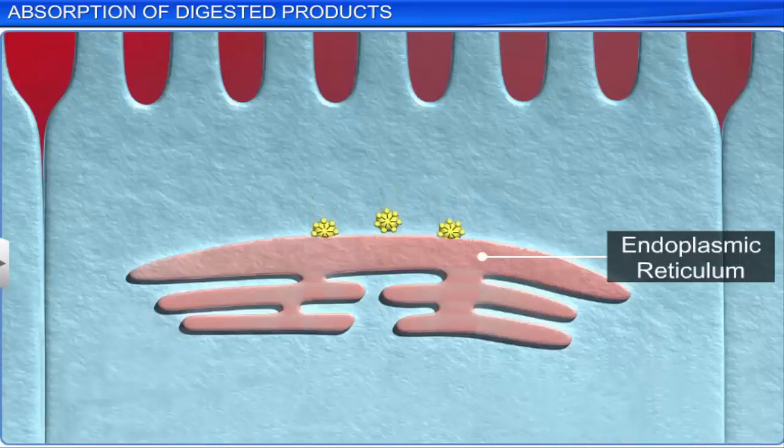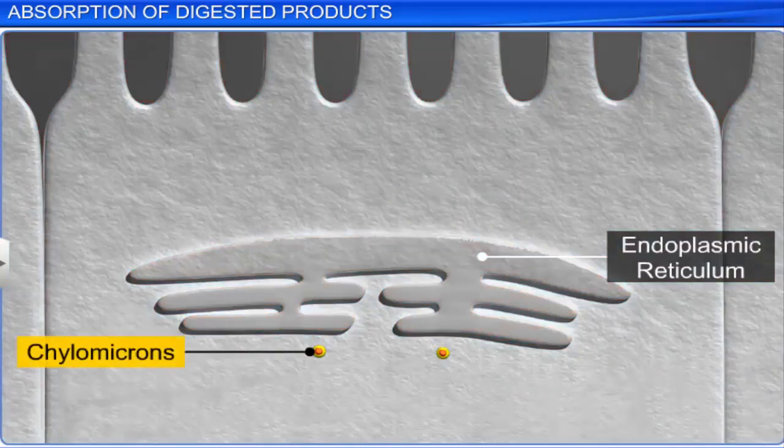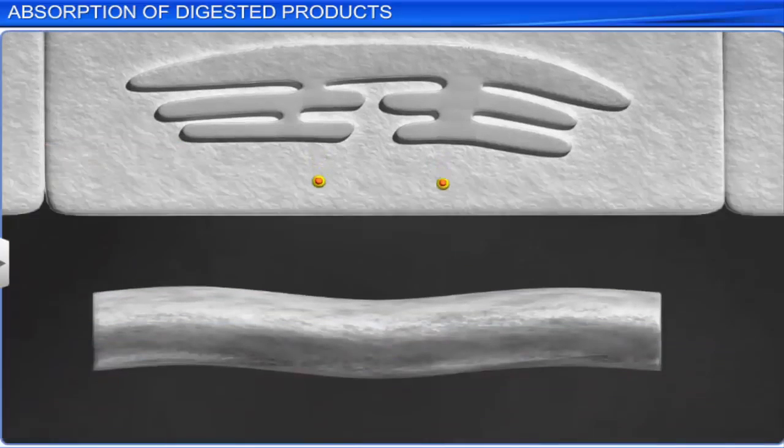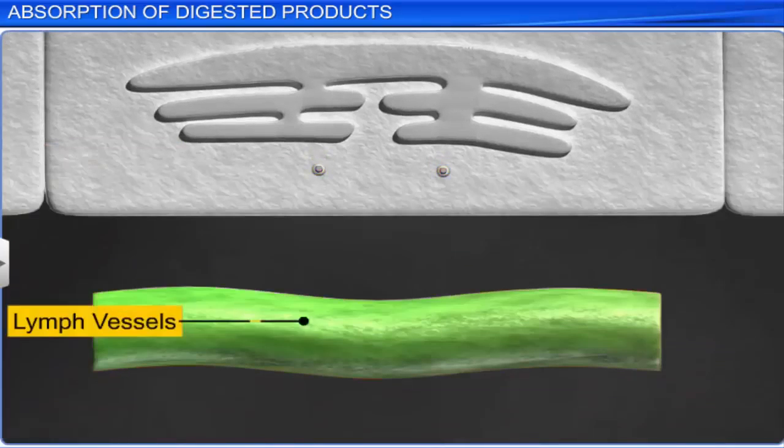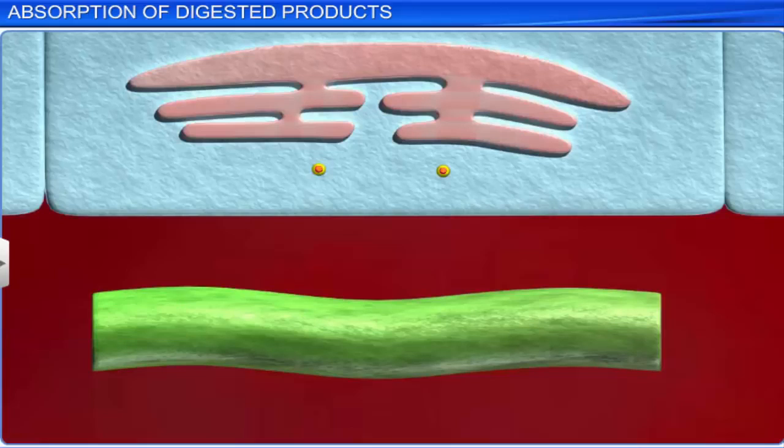As micelles enter the intestinal mucosa, they are coated with protein to form small fat globules called the chylomicrons, which are transported into the lymph vessels called lacteals in the villi. These lymph vessels ultimately release the absorbed substances into the bloodstream.